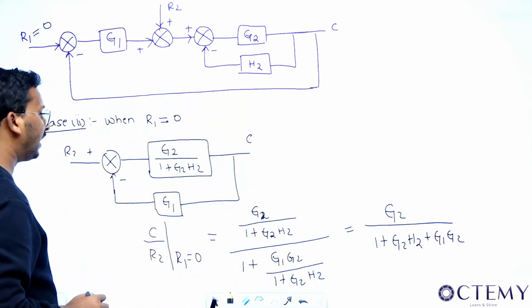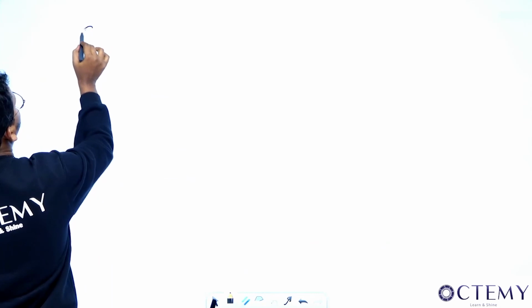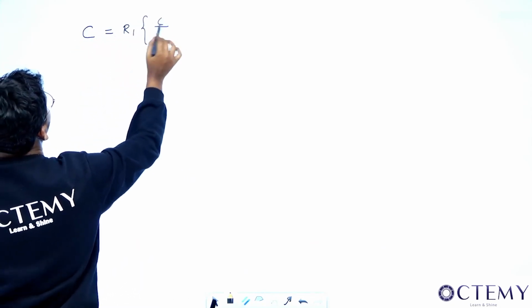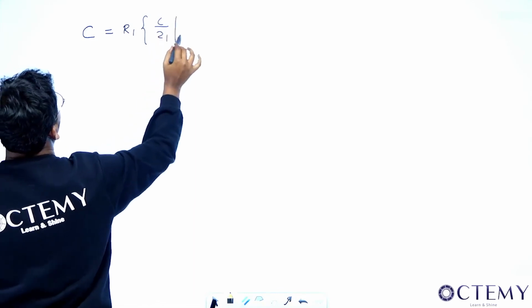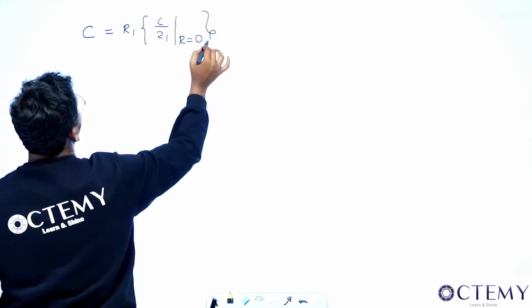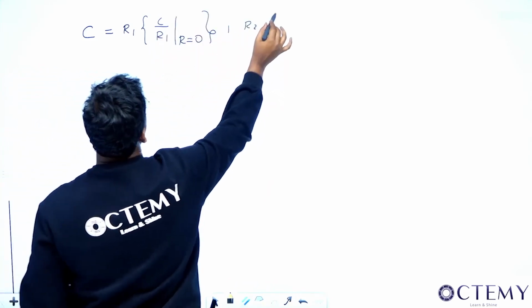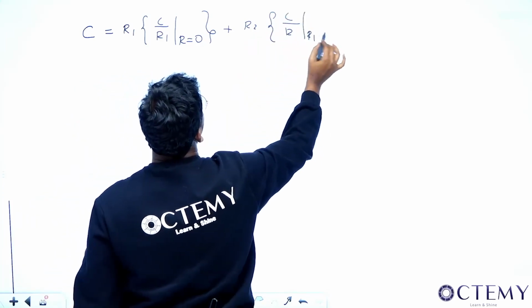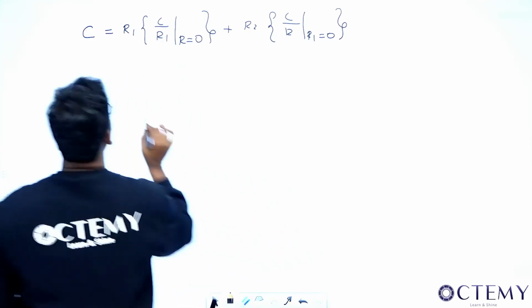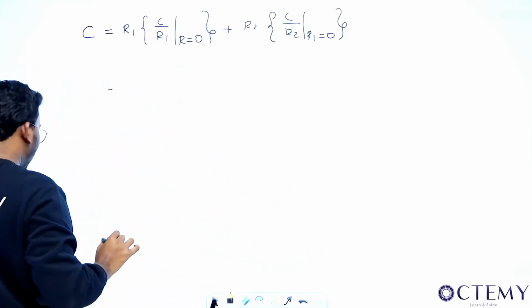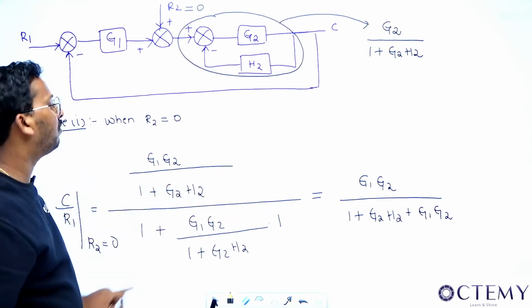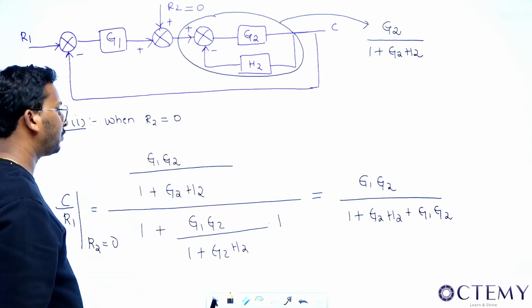So what is the final answer, sir? Output C is equal to R1 into C by R1 with R2 equal to 0, plus R2 into C by R2 with R1 equal to 0. So see, sir, what is C by R1 you got? The C by R1 you got is G1 G2 by 1 plus G2H2 plus G1 G2.